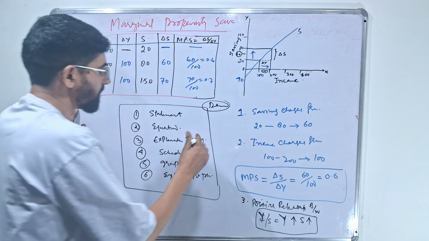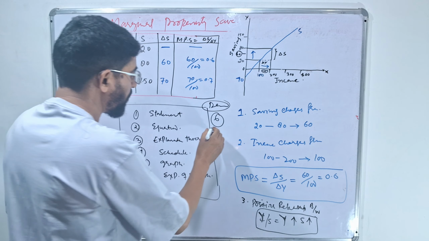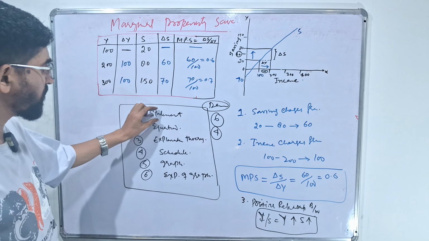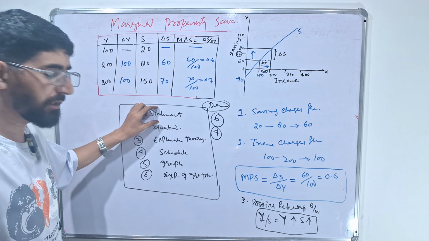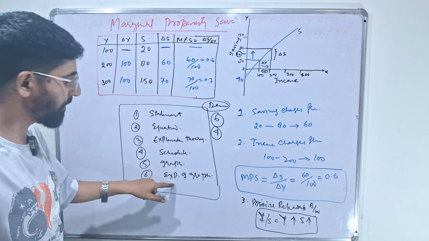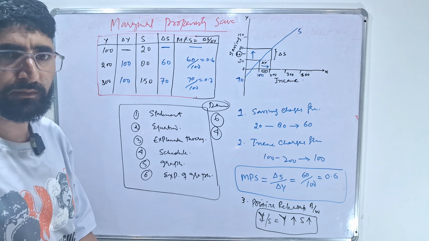If in your examination there is a 6 marks question or 4 marks question, definitely you have to write down, not in brief but in 2 to 3 lines, the statement, equation, explanation, schedule, graph. These in 2 to 3 lines, and you get exact marks.